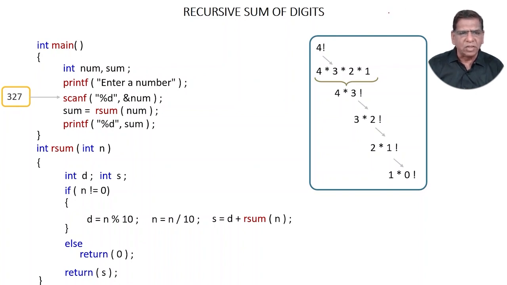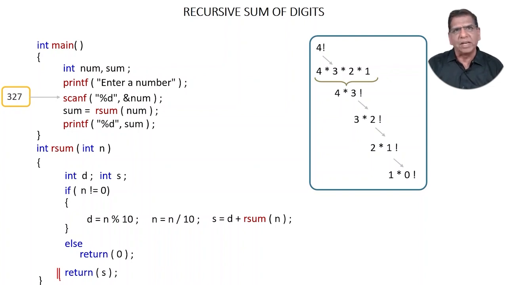This return 0 is perfectly understandable, that if you pass 0 to this scanf, then to rsum 0 will be passed, n will contain 0, 0 not equal to 0 would fail, you should return a 0 because sum of digits of 0 is nothing but 0. What is difficult to understand is the purpose of this return s. What purpose is it serving?